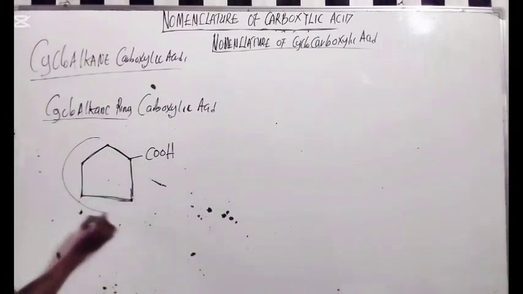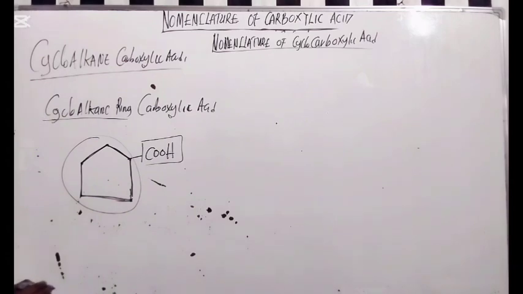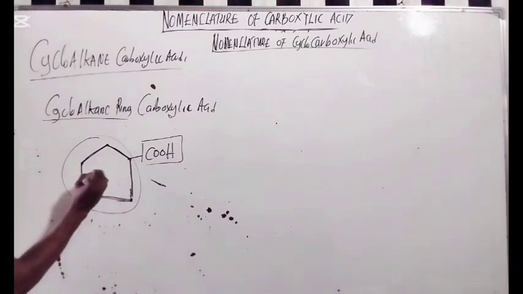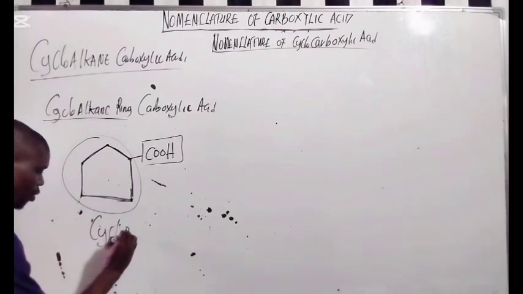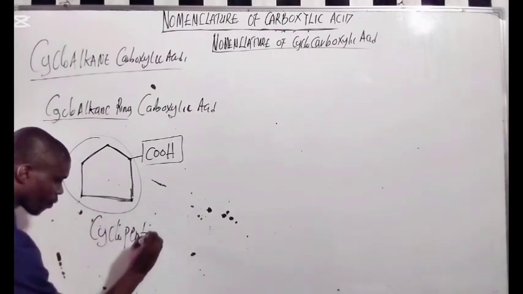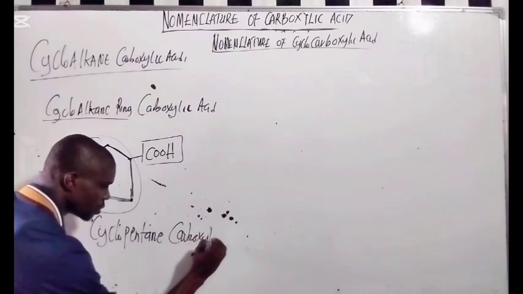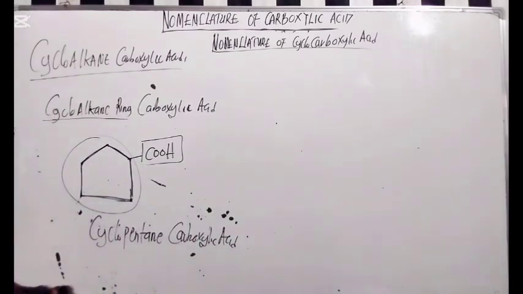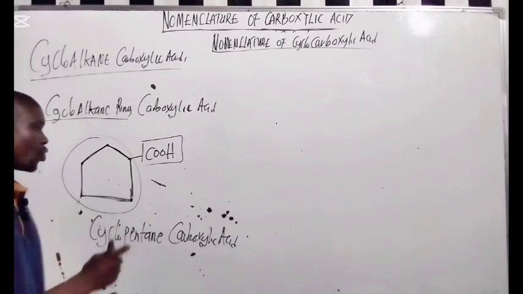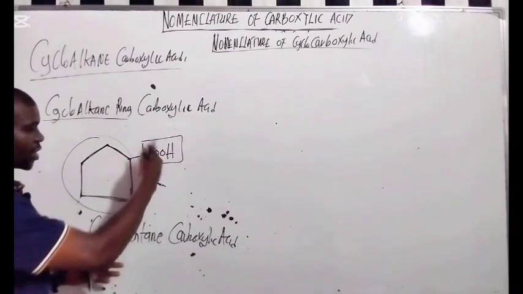It's the name of the ring and then carboxylic acid. So it's going to be cyclopentane carboxylic acid. You can see how easy it is. Once you know the name of the ring, just put it there, and this group means carboxylic acid.